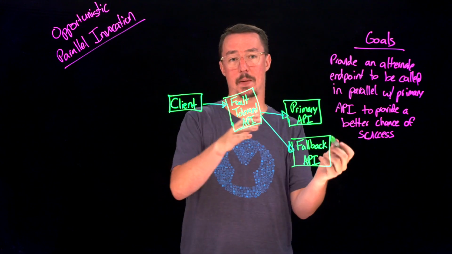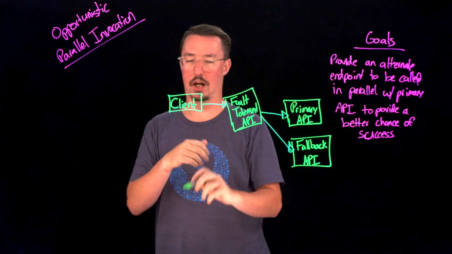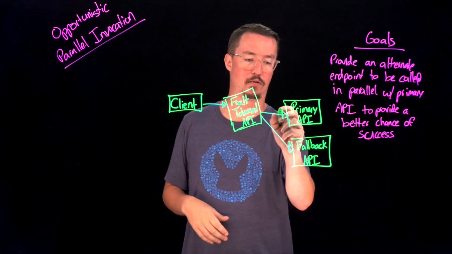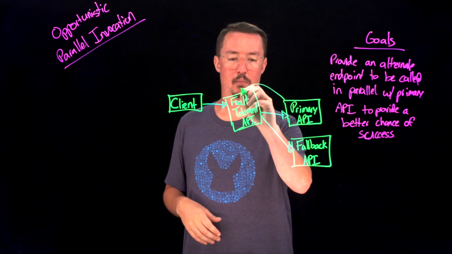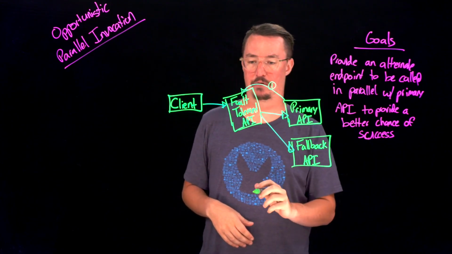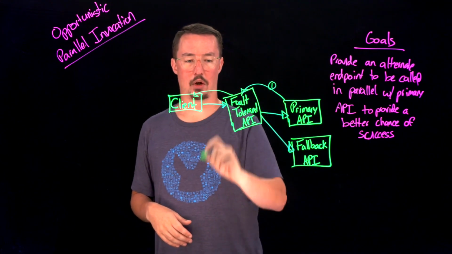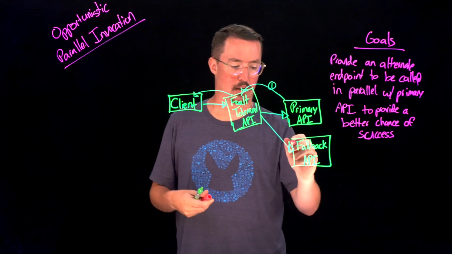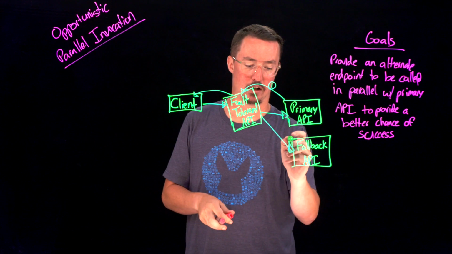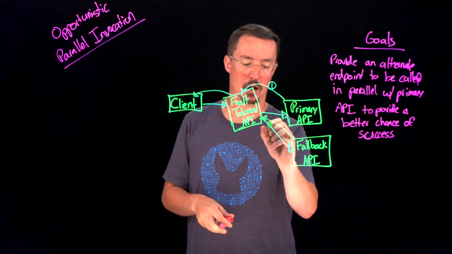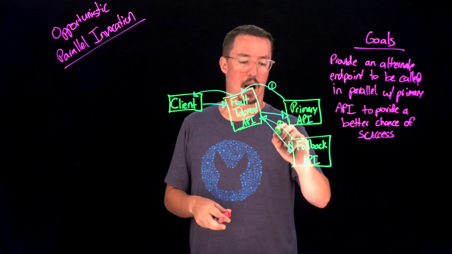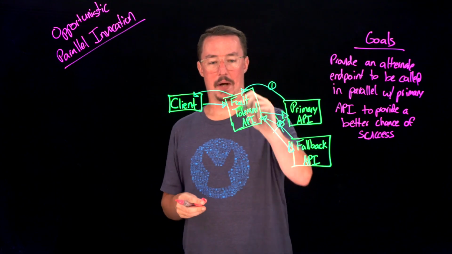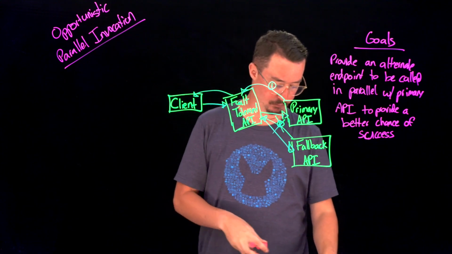And whoever returns back the response first is who's going to actually get the response passed back to the client. So in this case, let's say, for instance, the primary API comes back first. That response is what's going to go back to the client. Even if we were to go back and this fallback API were to have a success message come back, but it got in there second, it's not going to be passed back. We're only going to pass back one message back to the primary client.